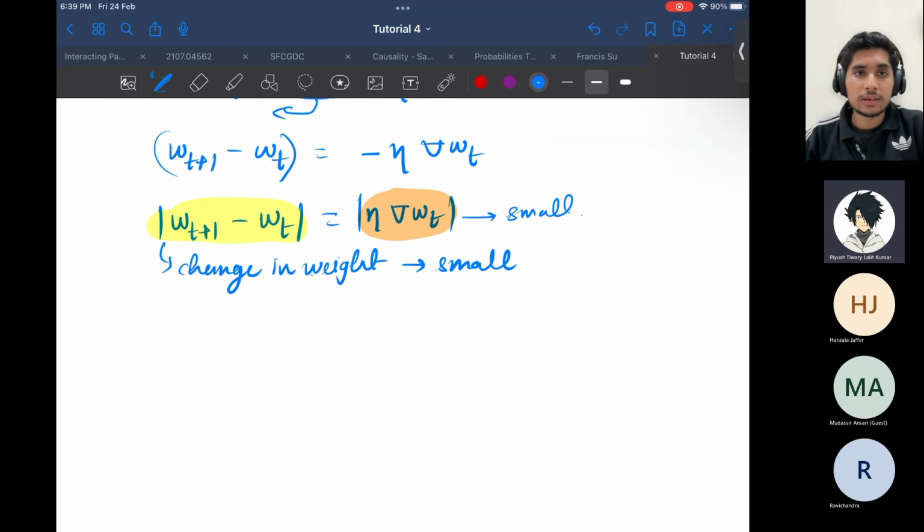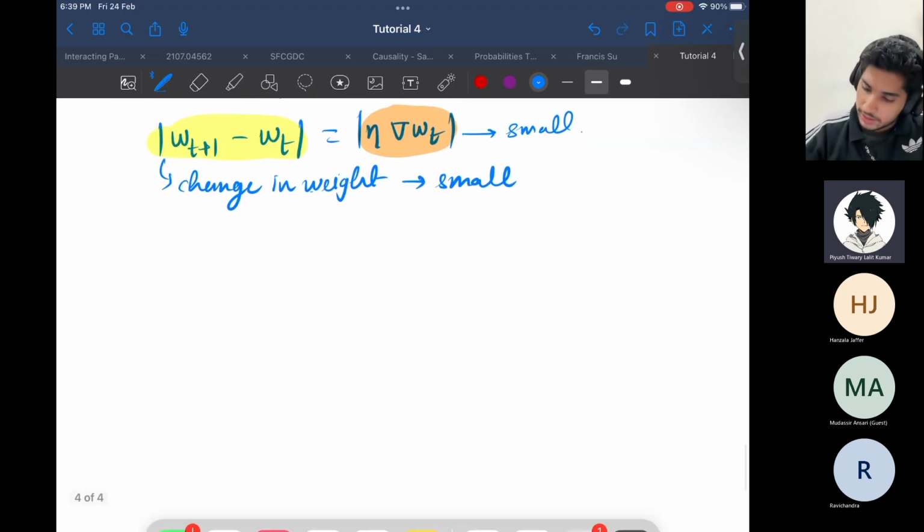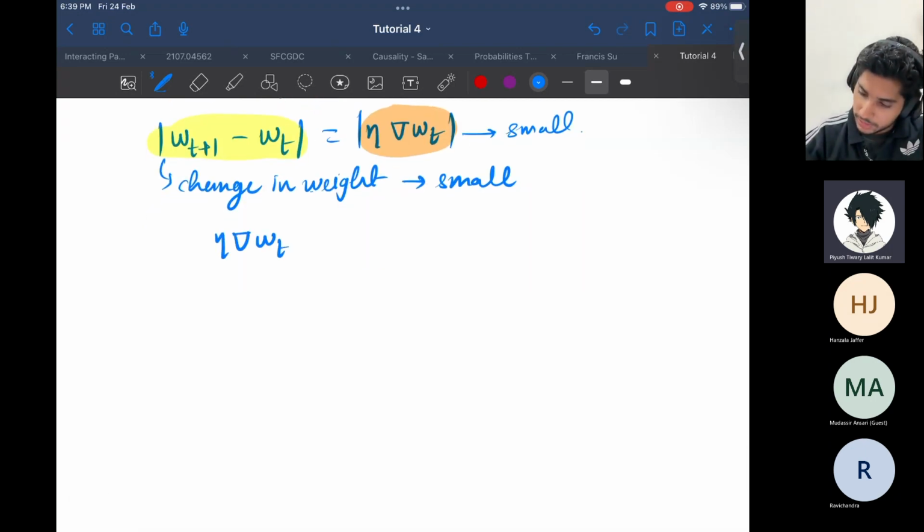I hope that is clear. Nothing mathematical here. If the left hand side is small, your right hand side should also be small. So now we know that eta times gradient with respect to w_t is small.